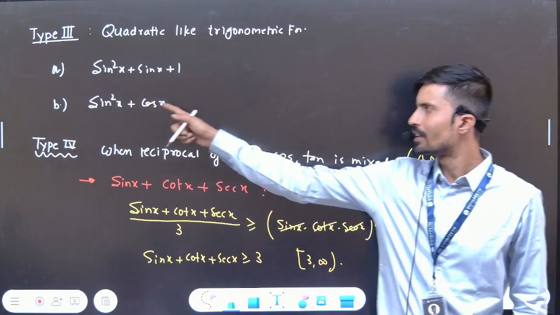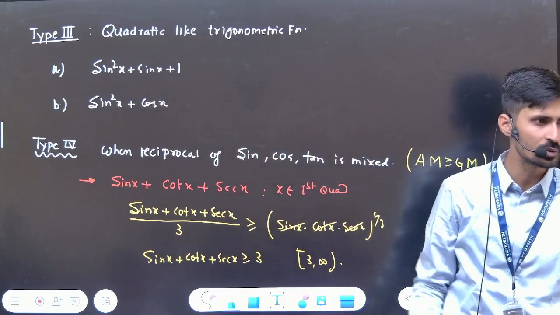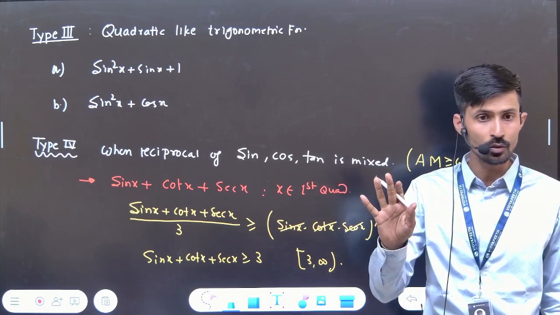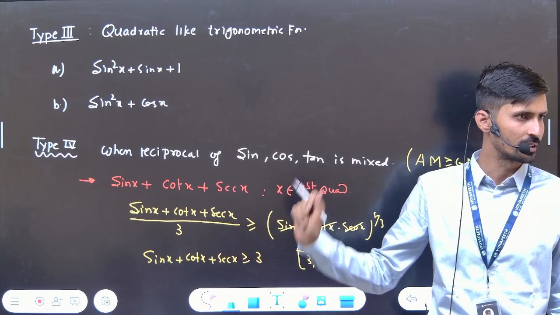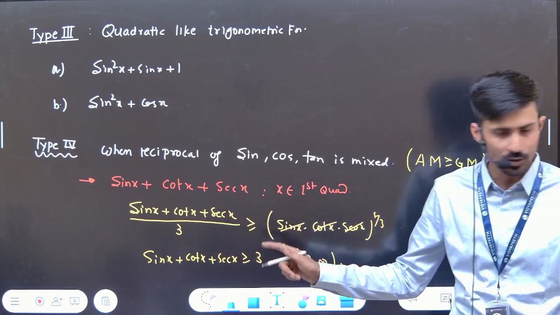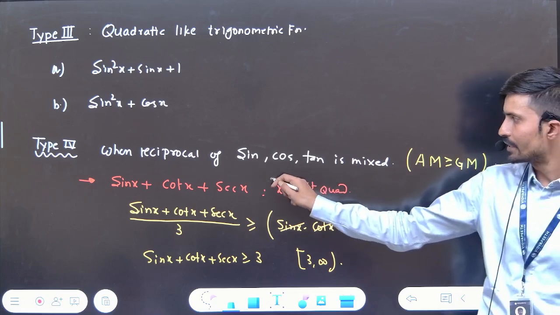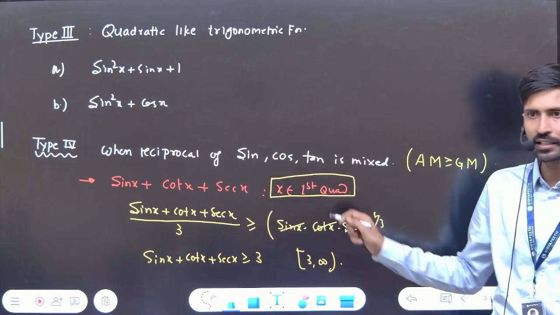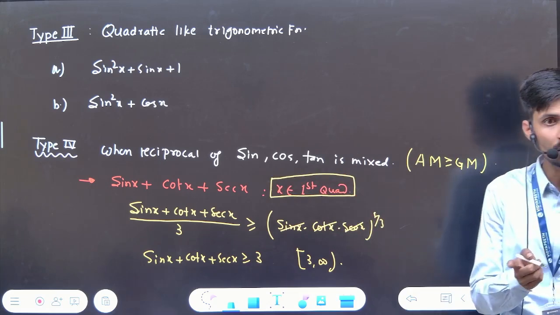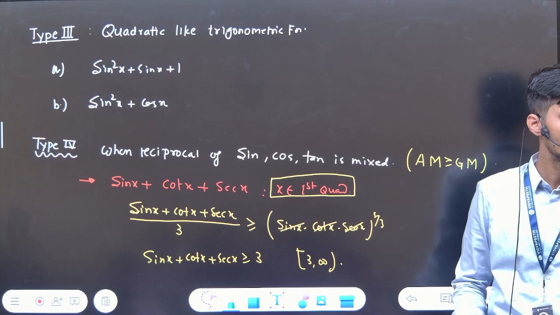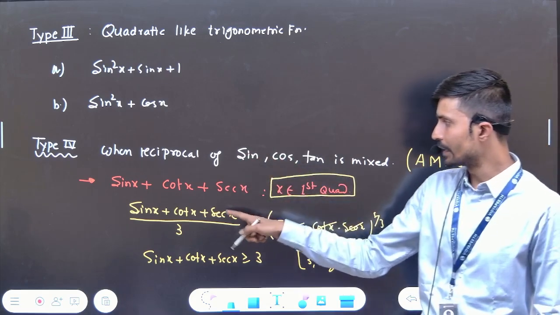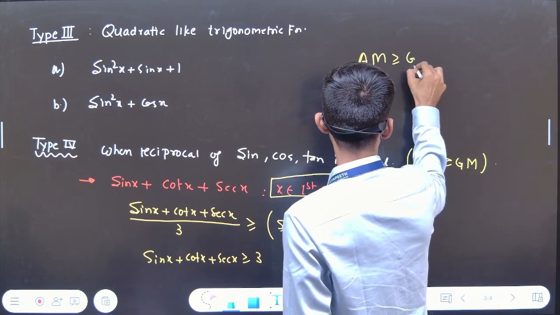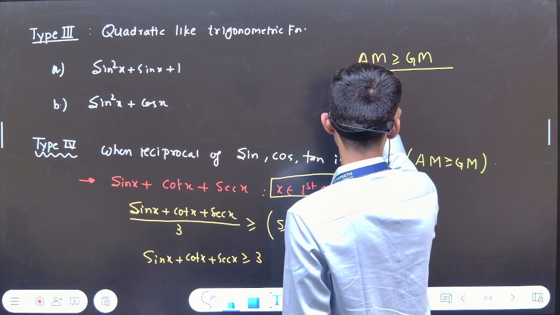First, in this pattern, the quadratic type will be used. And when you cannot understand anything, sir, how to find the range? I don't know. First, come to this part. And in this part, always remember, whenever it is giving x from 0 degree to 90 degree, 0 to 90 degree means first quadrant, all are positive. So we apply AM greater than or equal to GM only for positive quantities.